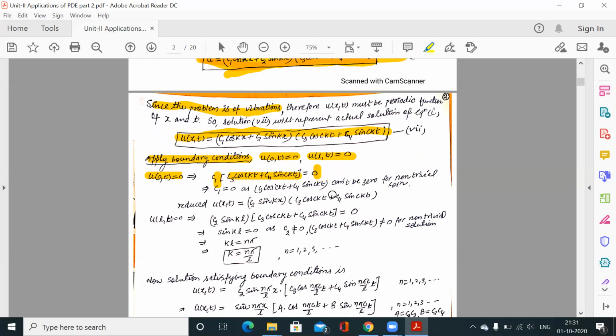Now this product is 0, so either this is 0 or this value is 0, but I'm writing that c1 is 0, because if this second function is 0, then this part is 0, and if this is 0, then the whole solution is 0.